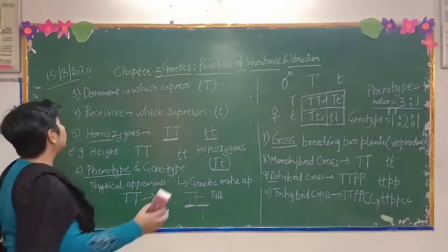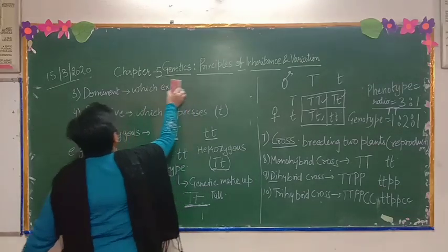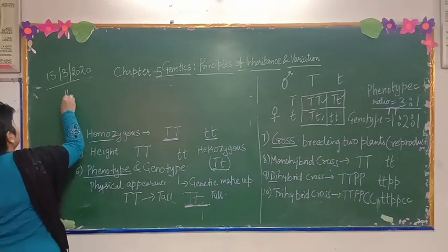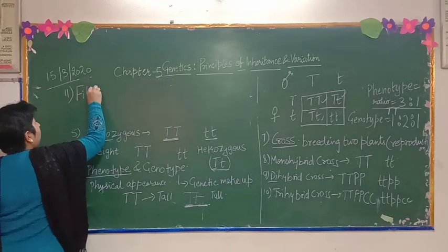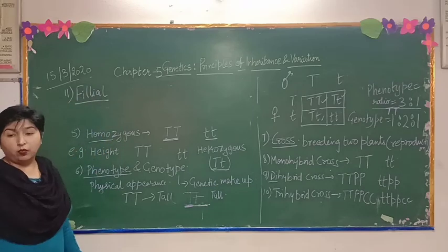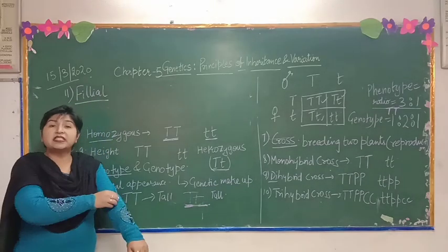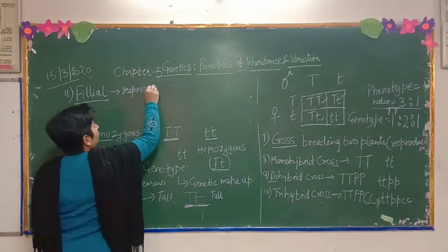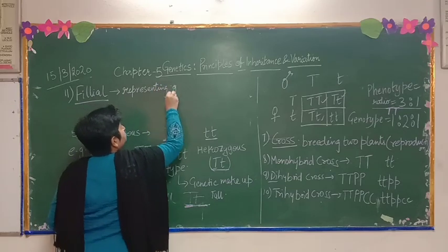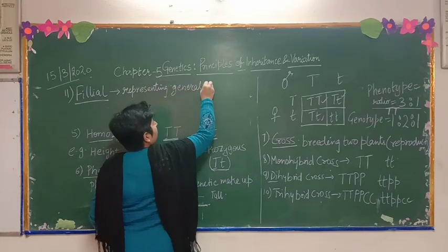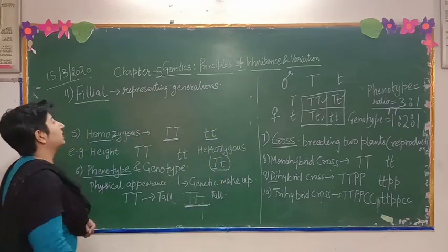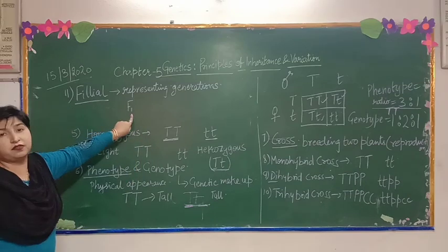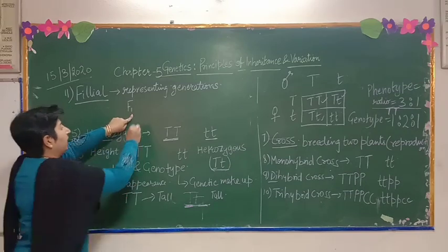Next to this is generation, the filial generation. What do you mean by filial? Filial means representing generations. Say if I write F1, this means the first generation we are talking about.